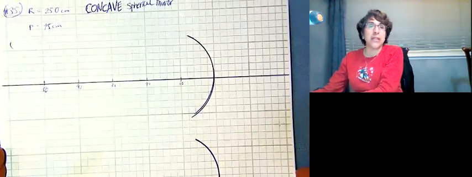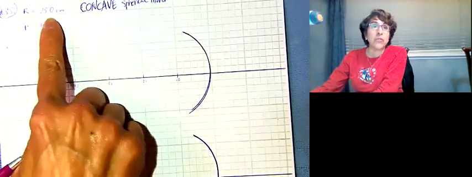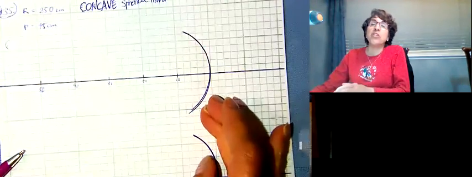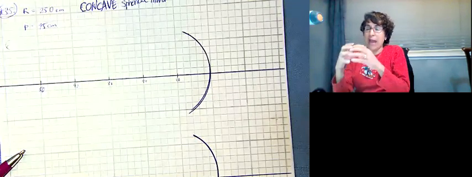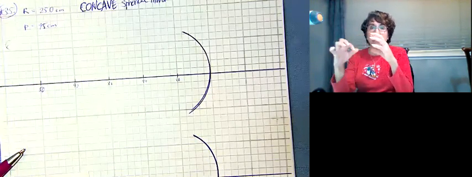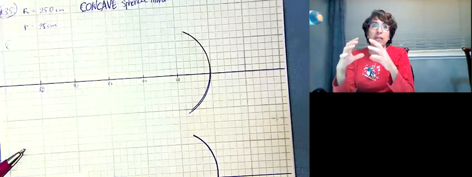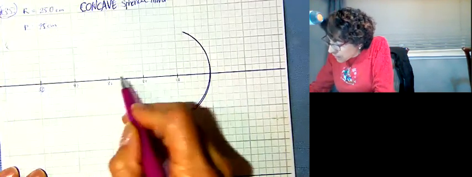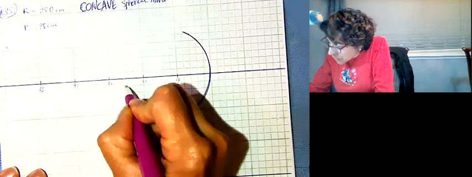All right, so here's the first thing. If the radius of curvature is 25 centimeters, here's my spherical mirror. I want you to visualize a ball, an actual sphere, where the radius from the center of the sphere to the outside is 25 centimeters. So that would be, here's 10, 20, 25. There's my radius right there.